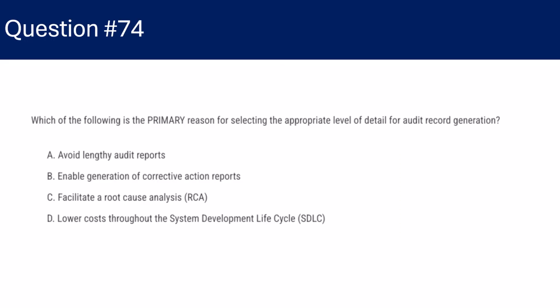Question 74. Which of the following is the primary reason for selecting the appropriate level of detail for audit record generation? A. Avoid lengthy audit reports. B. Enable generation of corrective action reports. C. Facilitate a root cause analysis, or RCA. Or D. Lower costs through the system development lifecycle, or SDLC.